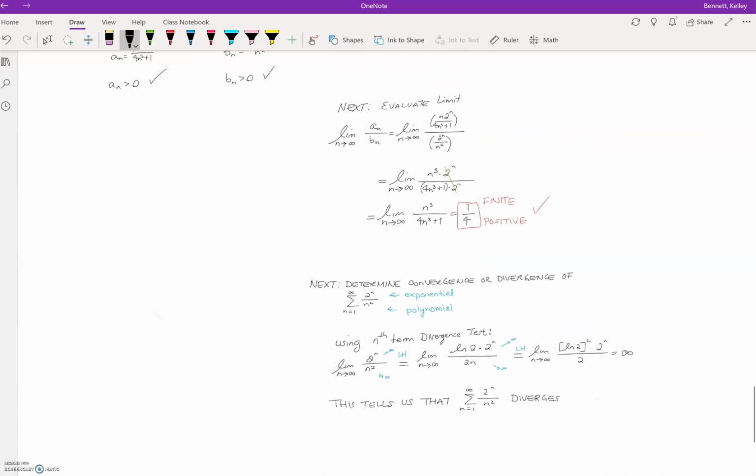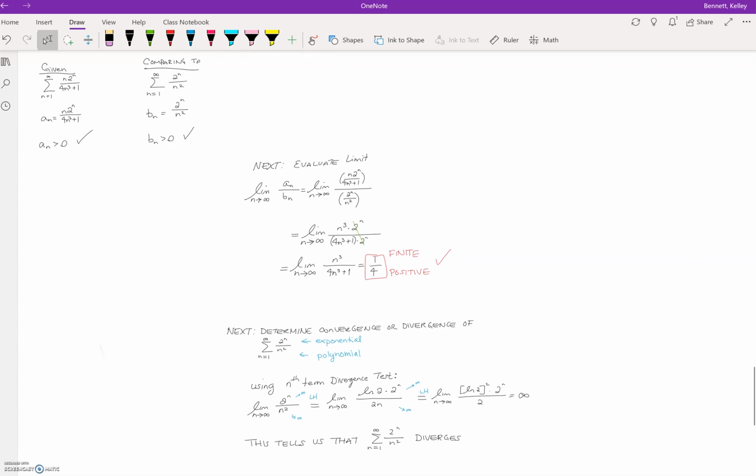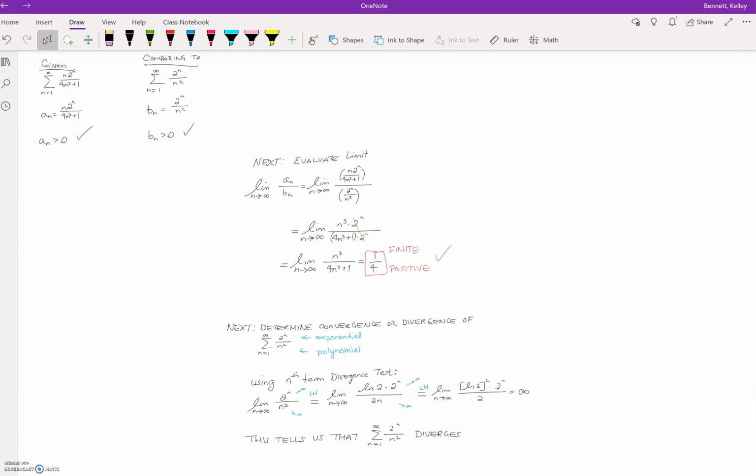So just to put it all together, we had a series, we chose what we were going to compare it to cleverly, we checked the conditions, we evaluated the limit, and saw that it was finite and positive. Now we're saying that if I can say something about 2 to the n over n squared, I can say that exact same thing about n times 2 to the n over 4n cubed plus 1, the thing that we were given.